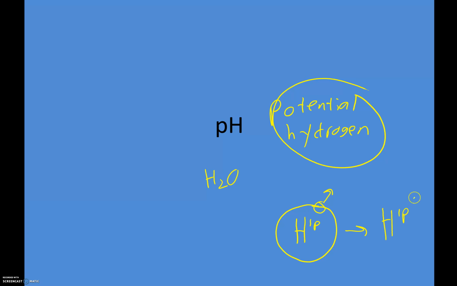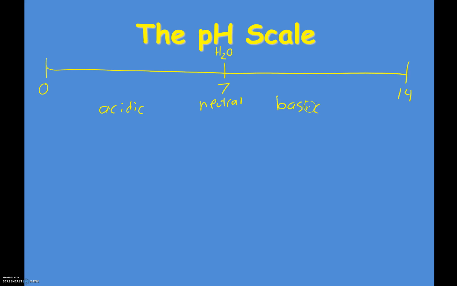Now, as you go towards 0, you become more and more acidic. And if you go the other way, between 7 and 14, you become more and more basic. So we can go 6, 5, 4, 3, 2, 1, 0. We can go 7, 8, 9, 10, 11, 12, 13, 14. So this is our pH scale.